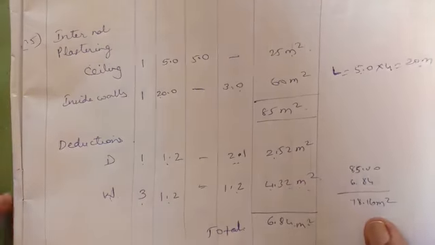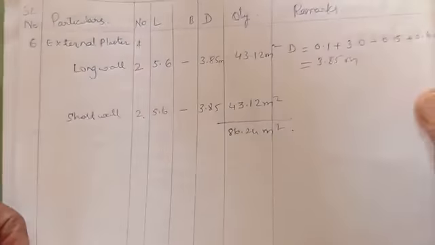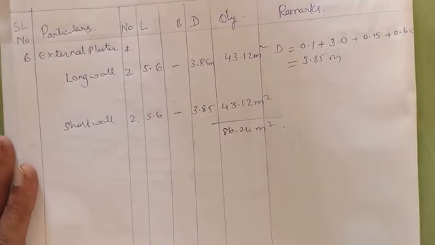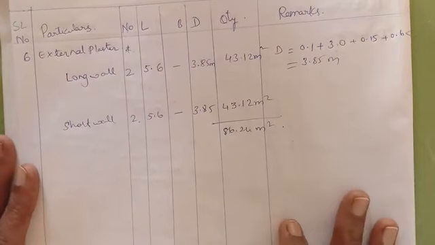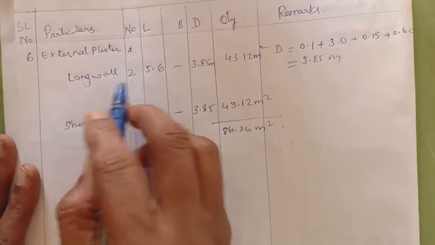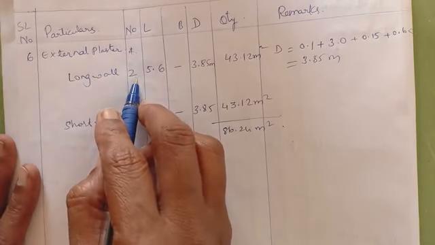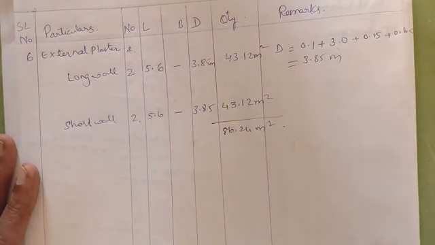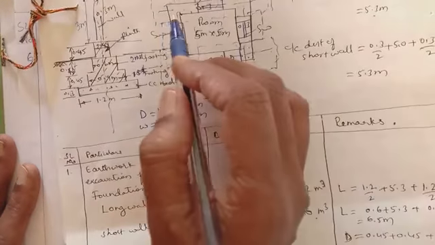So our next will be, after internal plastering, we will be going for external plastering. Plastering has to be done both the sides for a wall. So here you can see long wall. You have two long walls. You can see in the diagram there are two long walls.